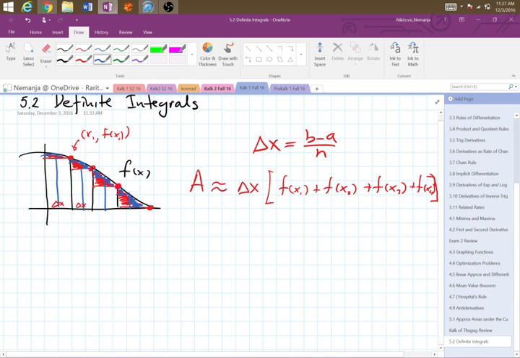So if I keep adding rectangles, there is less and less and less error. So as n, the number of rectangles, grows, the error gets smaller. Ultimately, if I send n to infinity, I will have exact area. So n going to infinity, having an infinite amount of rectangles, will result in the area.